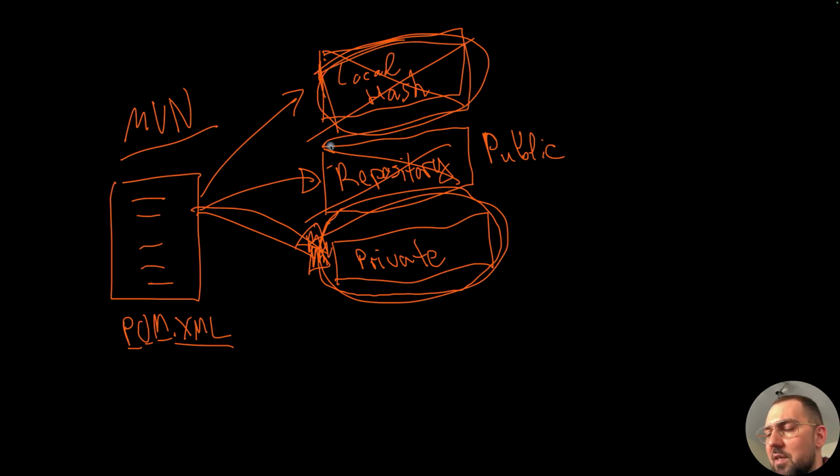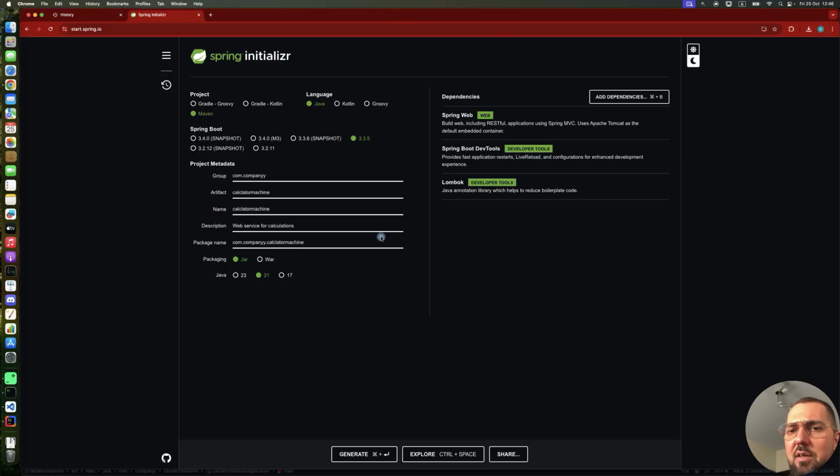Sometimes when there are bugs with the dependencies, you can clean this cache by hand and download the dependency again. There are clean, build, and so on. We'll talk about these operations later, but in a nutshell, the build tool helps us with these tasks. So let's generate the project.